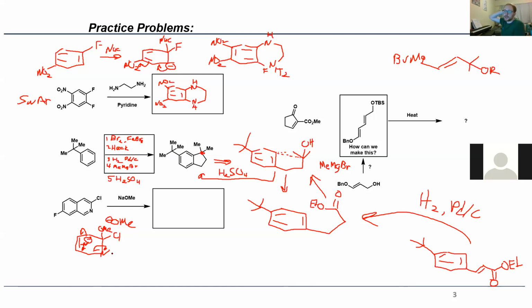And so the chloride here is going to get displaced faster because it belongs to a more electron deficient heterocycle.